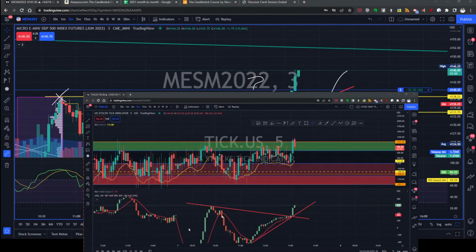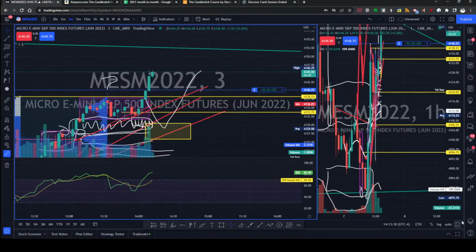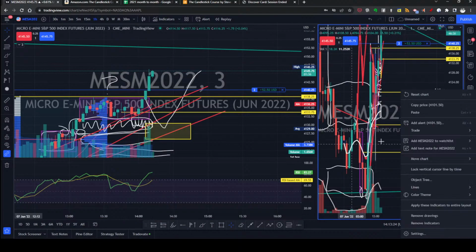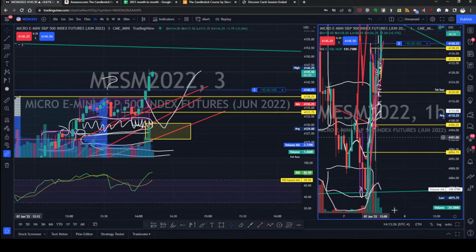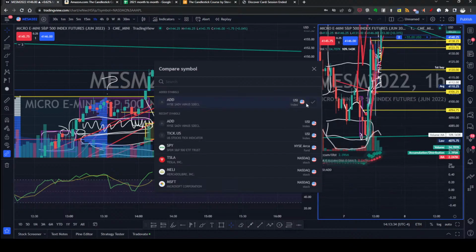Let's try this so I don't have to keep fooling with multiple windows here. Let's delete that. Let's come over here. And let's put the ADD over here with this. What are we going to do here? Compare. Add it in a new pane. Add the tick in a new pane.